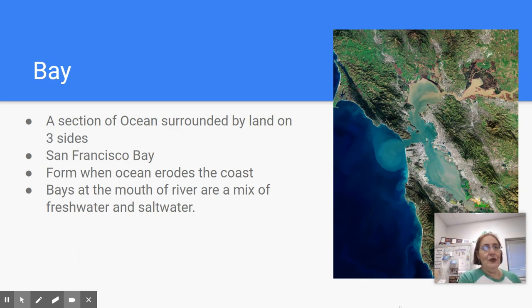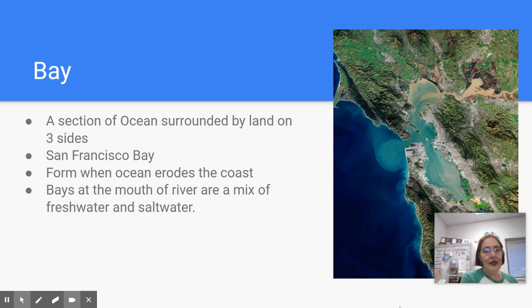So I'm going to put section of ocean surrounded by land on three sides. Okay, on three sides.